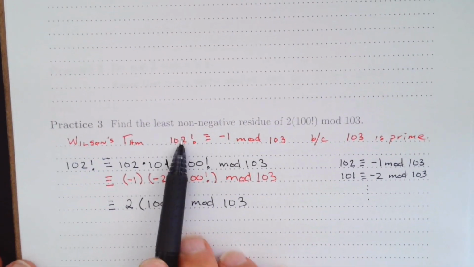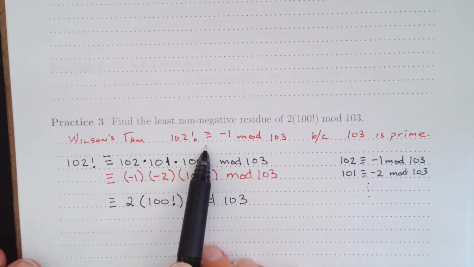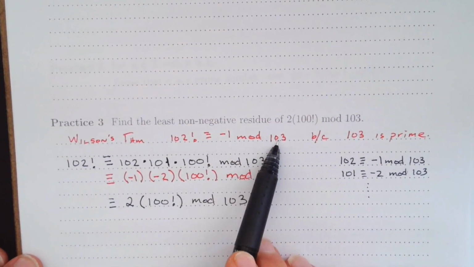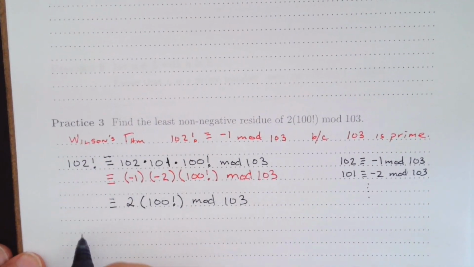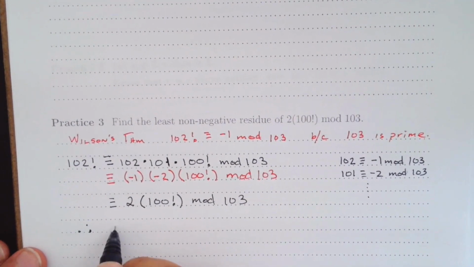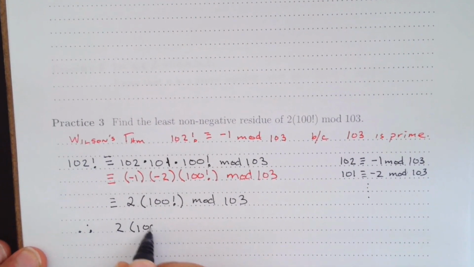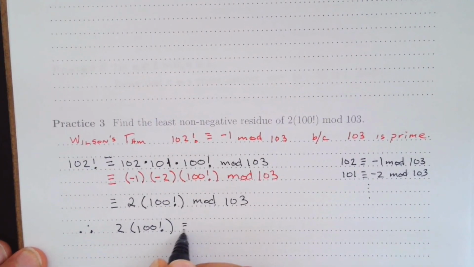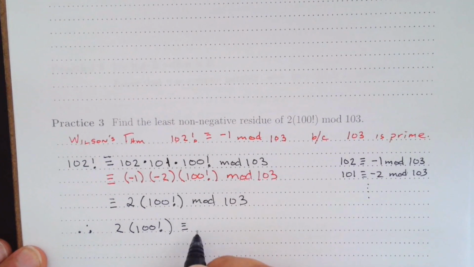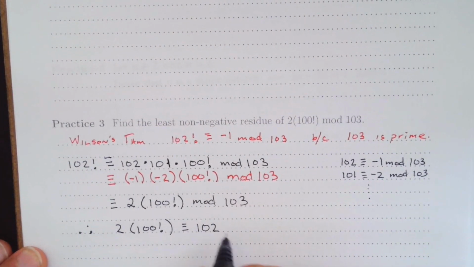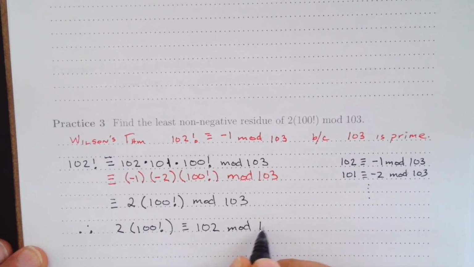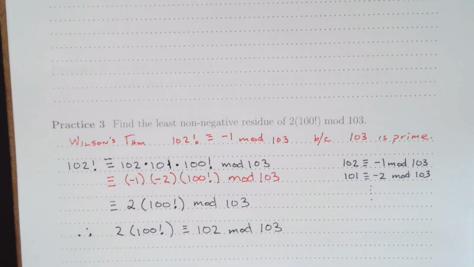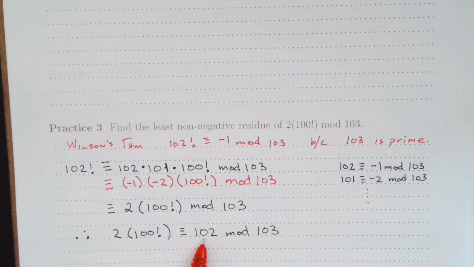Well, we know that 102 factorial is equivalent to negative 1 mod 103 by Wilson's theorem. So therefore, 2 times 100 factorial is equivalent to 102 mod 103. And why is it 102?